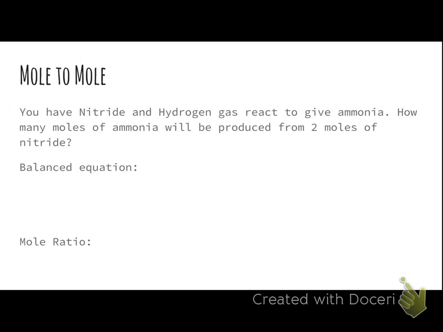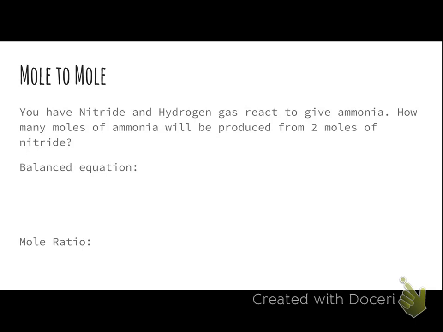All right, so a mole-to-mole problem. This is an example of a type of problem that you could see. You have nitrogen and hydrogen gas react to give ammonia. How many moles of ammonia will be produced from 2 moles of nitrogen?